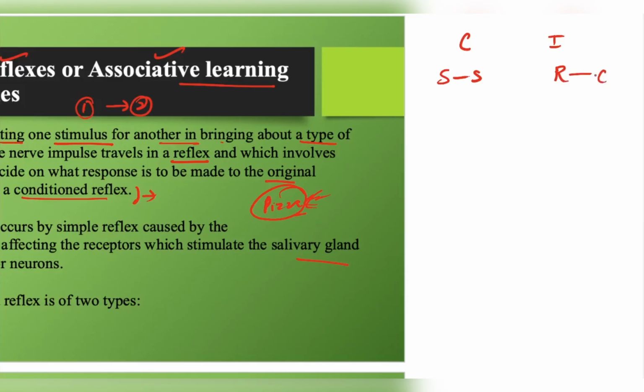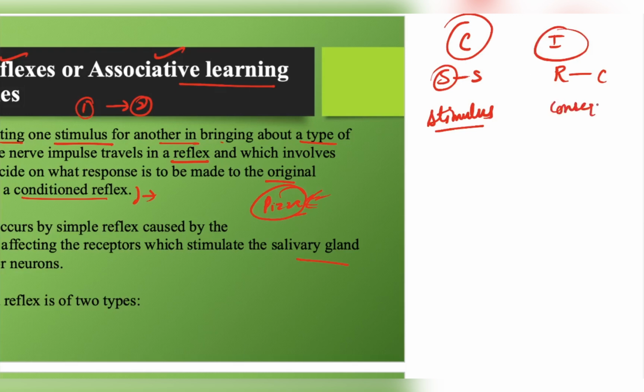What is the difference? In classical conditioning, the response is controlled by the stimulus only. So the stimulus should be there to have the response. But in instrumental conditioning, the response is not controlled by the stimulus, but by the consequences of the response, right? I'll give you a very simple example.